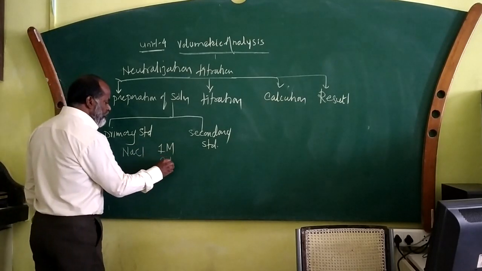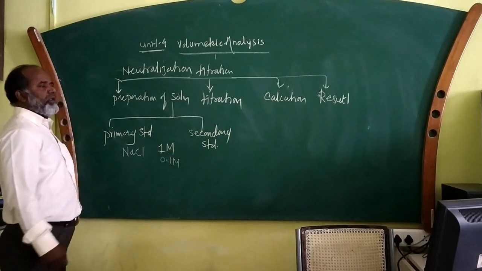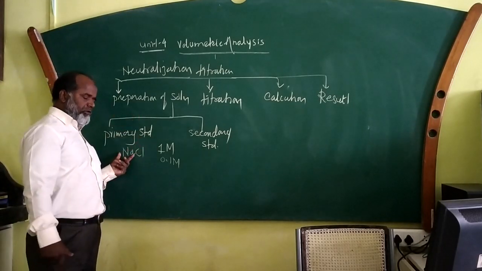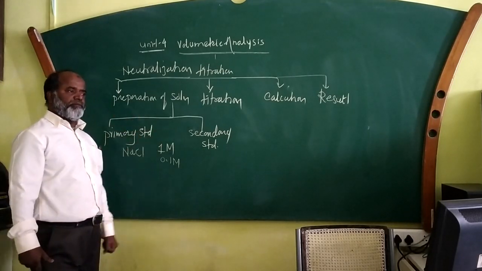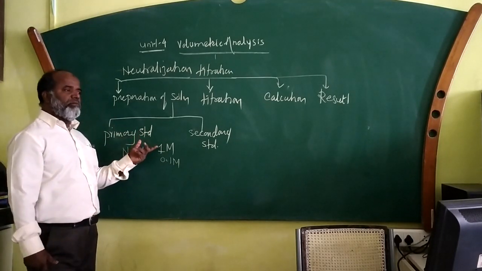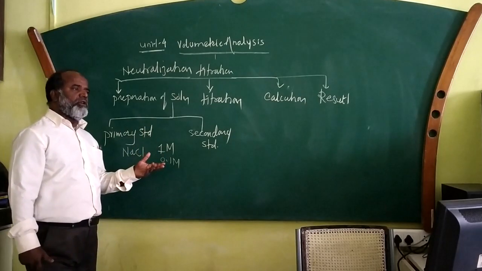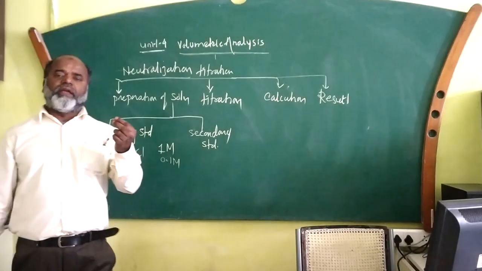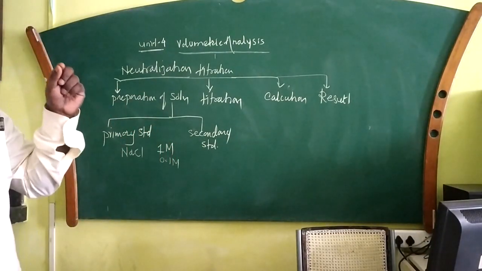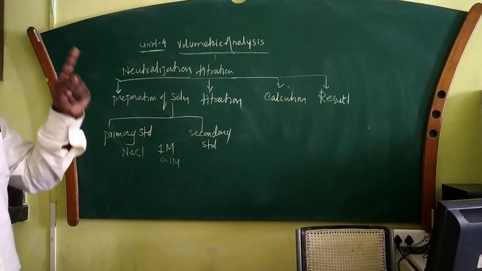For 1 molar NaCl, you take 58.5 gram of NaCl dissolved in 1 liter. Or if you want to prepare 0.1 molar, take 5.85 gram of NaCl dissolved in 1 liter. After taking 58.5 gram of NaCl dissolved in 1 liter, whatever solution is obtained, if you go and measure its concentration, it will be exactly 1 molar.